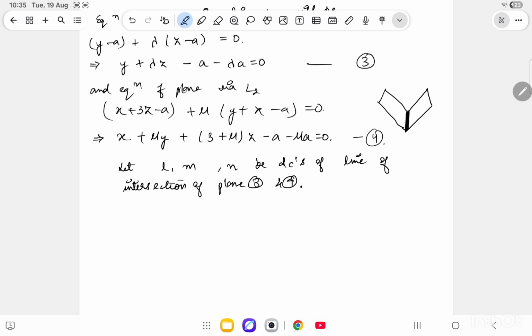Using the perpendicularity result, we'll get L into 0 plus 1 into M plus lambda into N equals 0, and 1 into L plus mu into M plus (3 plus mu) into N equals 0. Sorry, it's N, not Z.